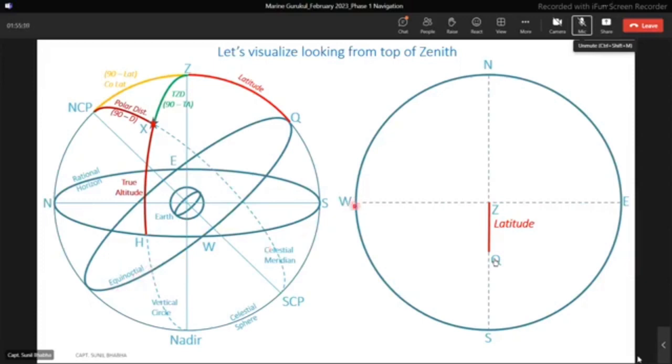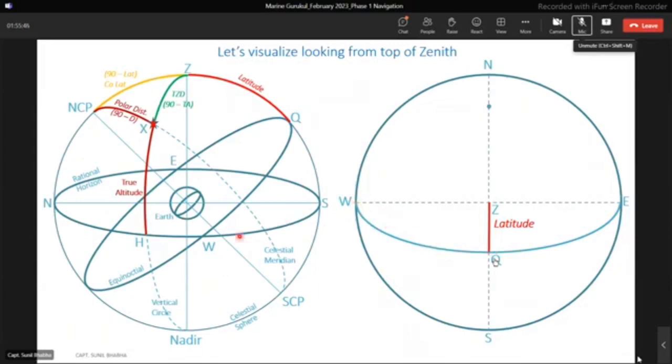You have the W point here, you have the Q point here, and you have the E point here. So joining W to Q to E will give us the equinoctial. So let us do that. So you see W joined with Q joined with E gives us the equinoctial. So this WQE represents the equinoctial in our rational horizon diagram.